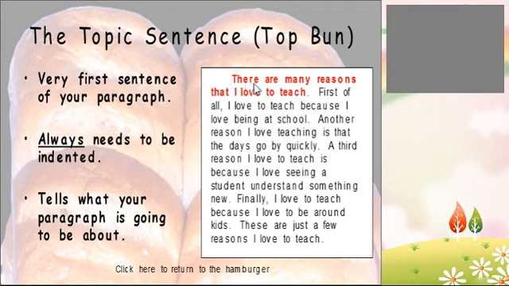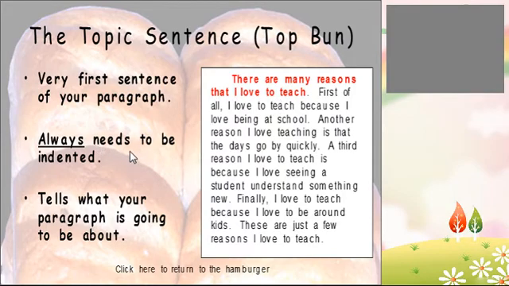Here it is, the sentence in red: there are many reasons that I love to teach. From this topic sentence, we can guess what the paragraph is going to be about.